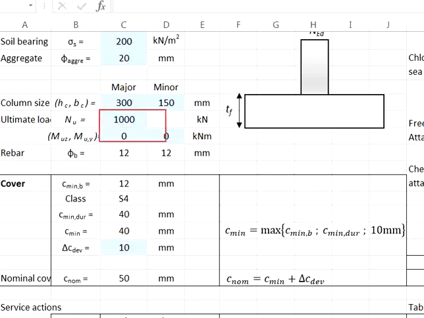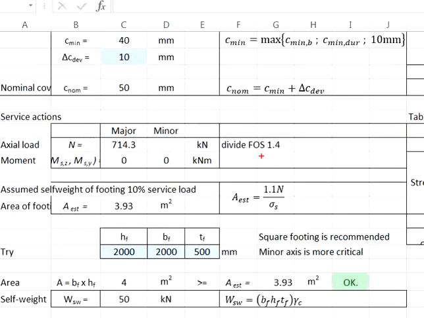The ultimate load given is a value only, giving you no information on how much of it comes from the GK and how much from the QK. We will need to do some conversions from the ultimate load into the surface load. Not knowing the quantum of the GK and the QK, we will assume that the effective factor of safety will be equal to 1.4.